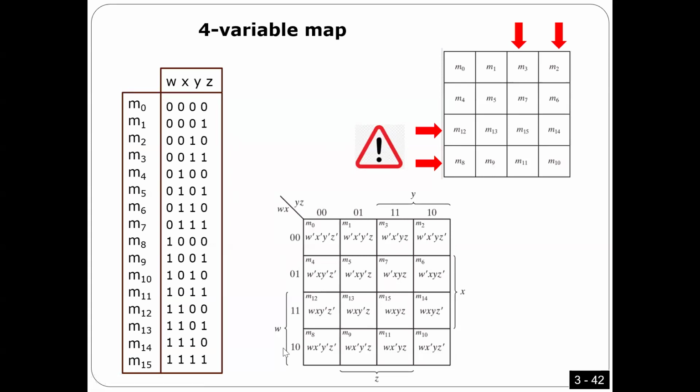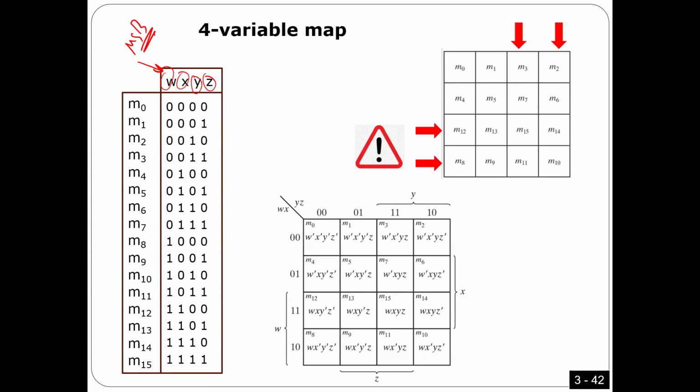For this map, as you see, we have 4 variables, W, X, Y, Z. The order here is very important. W is the most significant bit.